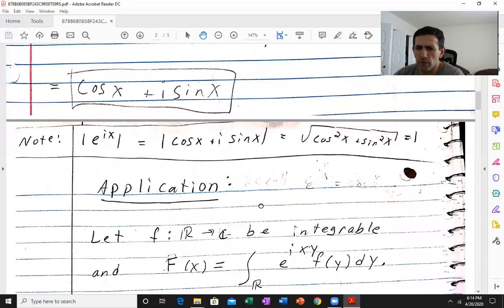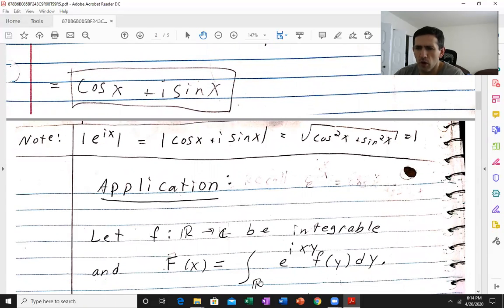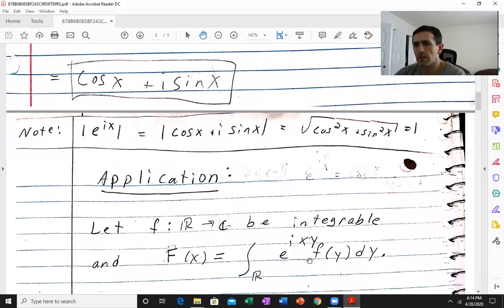Let's define the Fourier transform in the following way: just integrate over R e to the ixy f of y dy. You often have a 1 over 2 pi to make the inverse Fourier transform very nice and almost the same as the regular Fourier transform. That's not something I really want to get into, though I should mention an easy way to prove what's called Plancherel's theorem, the theorem on inverse Fourier transforms, is to use the dominated convergence theorem.